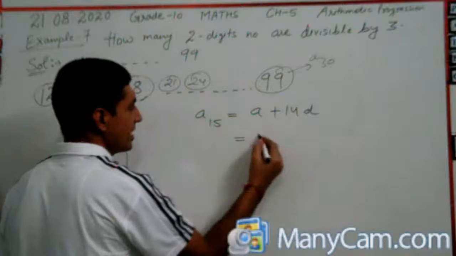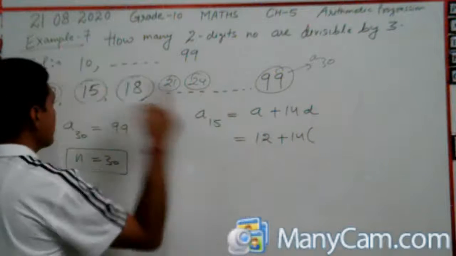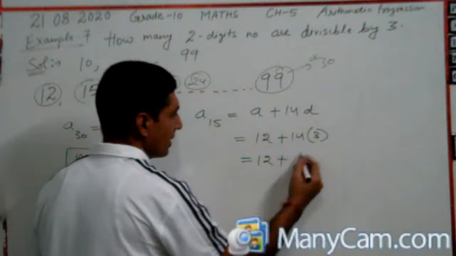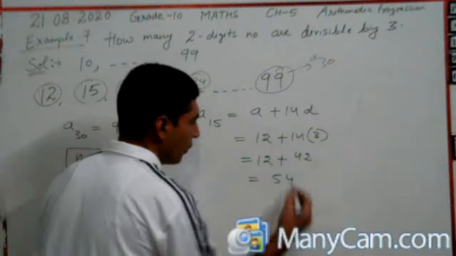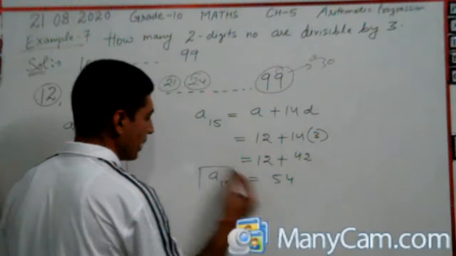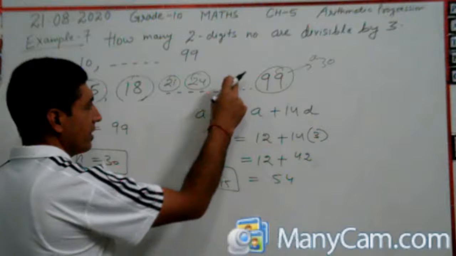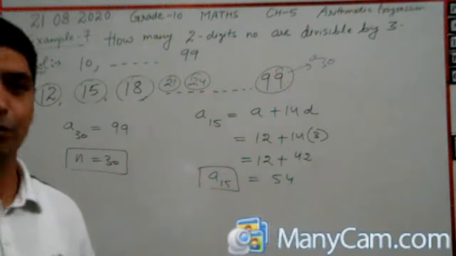Here a is 12, d is 3, so 12 plus 42, that is 54, which is the 15th term. You can count out like 1, 2, 3, 4, 5, then 27, 30, 33, so on. But we will not count, we will apply the formula.